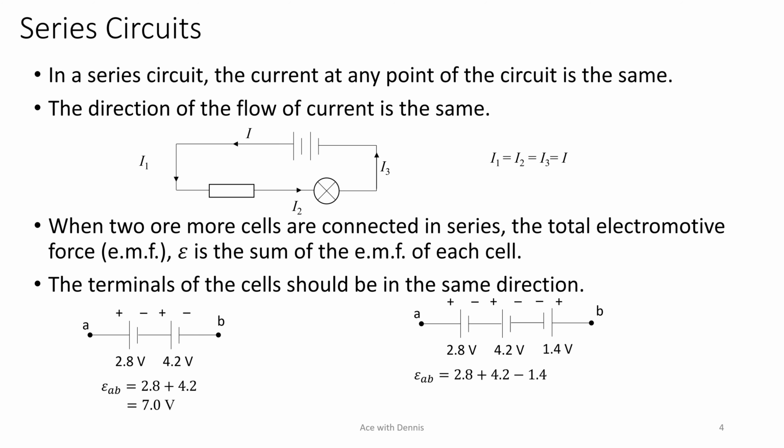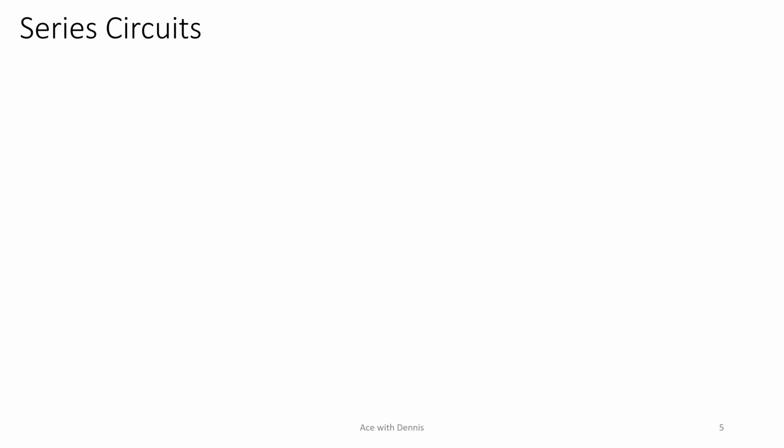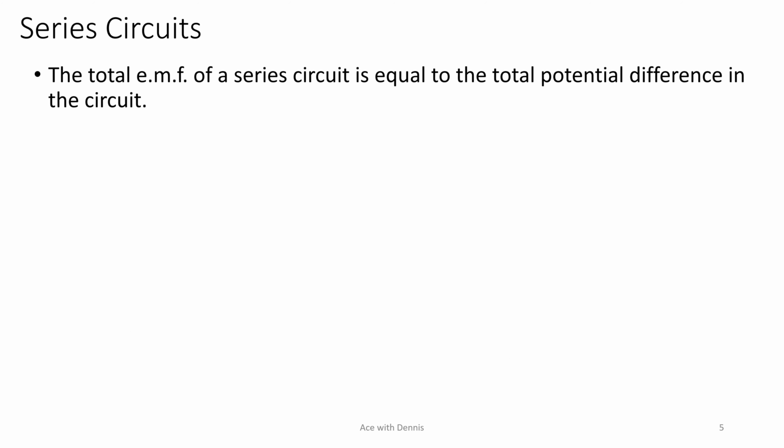Hence, the EMF from point A to point B is 2.8 plus 4.2 minus 1.4, which gives you 5.6 volts. The total EMF of a series circuit is equal to the total potential difference in the circuit.